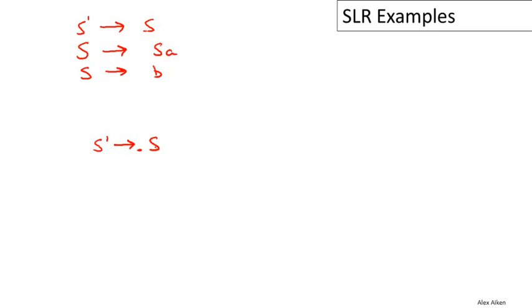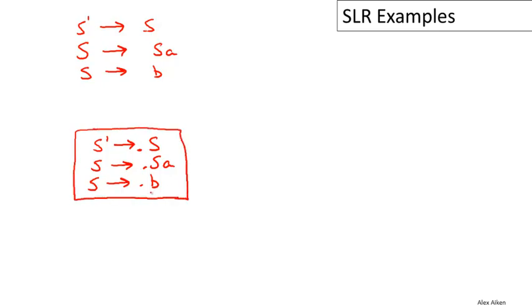What do I mean by that? I mean that this state would have an epsilon move to S goes to dot SA, so this is the first item in recognizing this production, with the dot all the way at the left, and there would also be an item for the other production, S goes to dot B. All right, so that's the epsilon closure in the NFA of this start item. These three items would be the first state of the DFA.